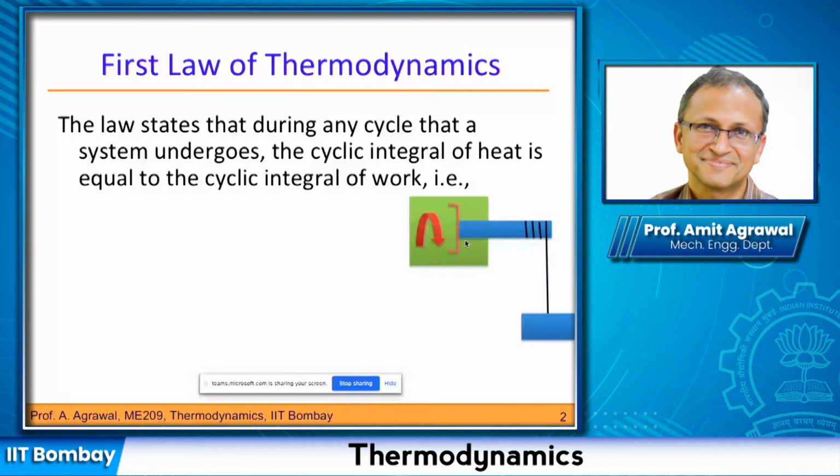So you cool down the gas, and you know how much work has been done and how much heat has been removed in this entire cycle, and you bring it back to the original state at which the gas was originally. And then you look at the work done and the heat transferred in this entire cycle, and you found that the two things are equal.